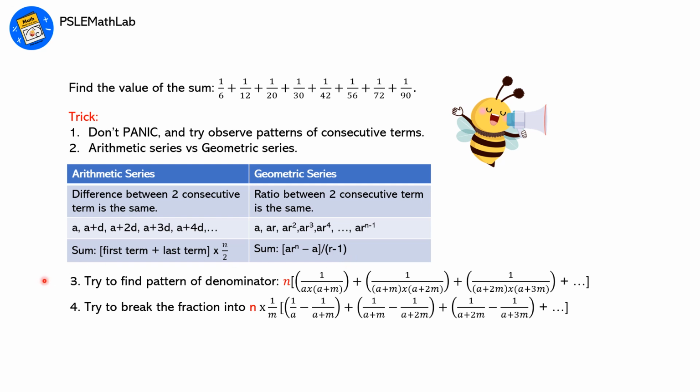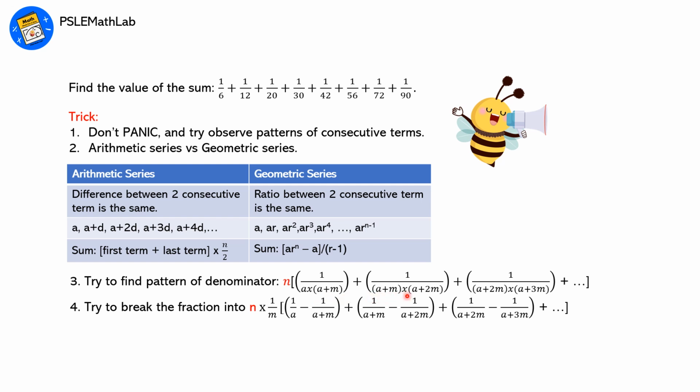Now let's look at how we should tackle the series if it is not an arithmetic or geometric series. Then we need to find the pattern, where we observe the denominators and try to make the first equal to a times a plus m.